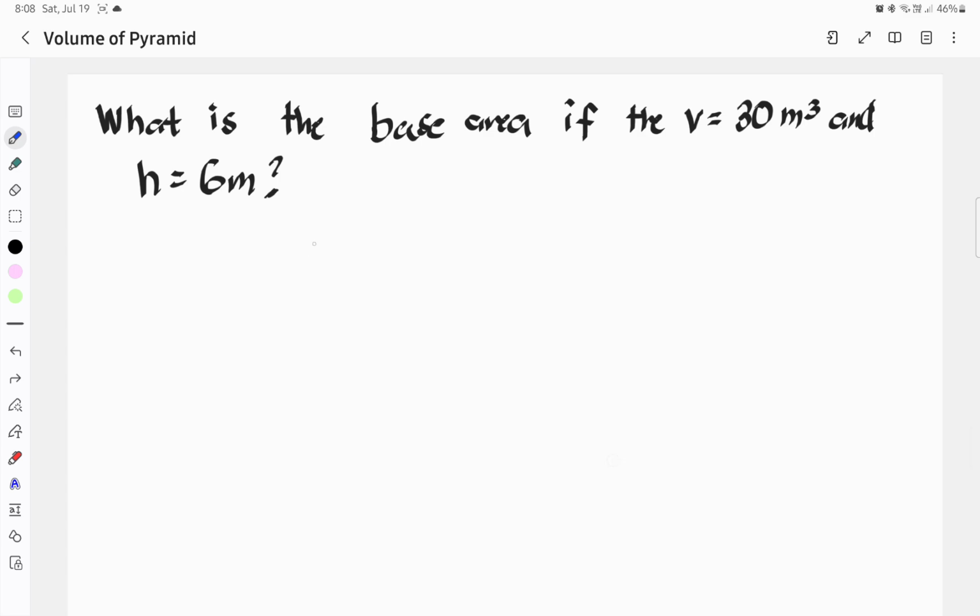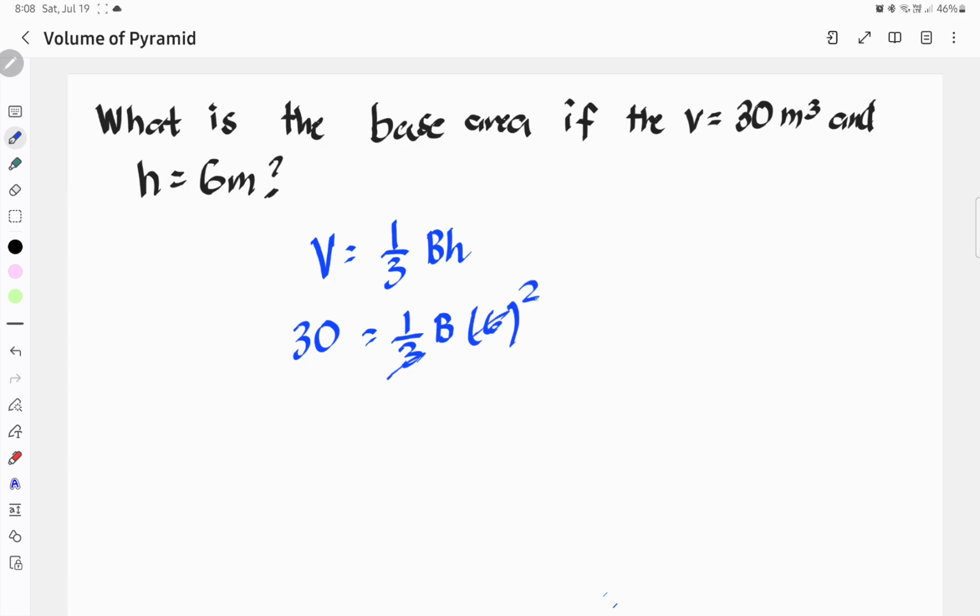Remember, we can still use the volume is equal to 1/3 times base times height. Substituting all the values that we know, the volume, which is 30, is equal to 1/3, and we don't know the base, so we remain as B, and then this would be 6. We can cancel this out, and this would be 2. So it will lead us to 30 equals 2B.